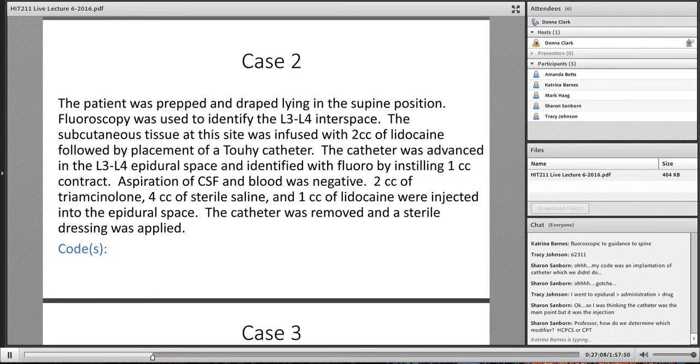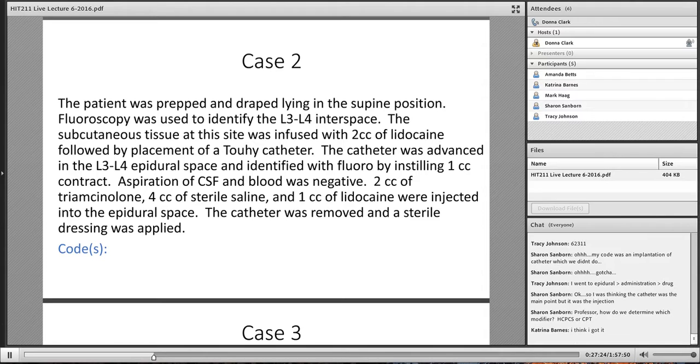But educationally speaking, the TC and the 26 modifier are pretty standard modifiers to use with radiology codes, because you have the physician professional portion, where they are interpreting or performing it, and then you also have the technical component, if you have somebody else who runs the test, or like here, using the equipment.